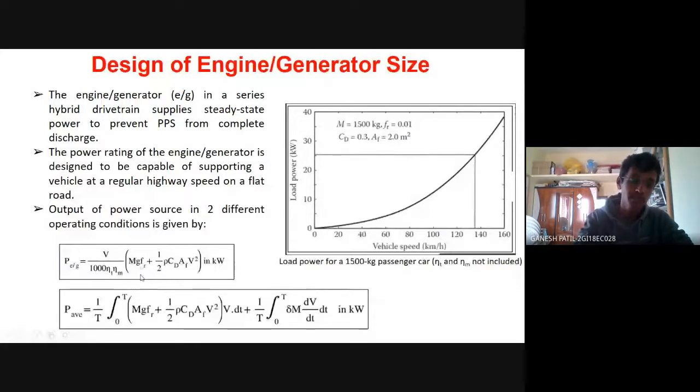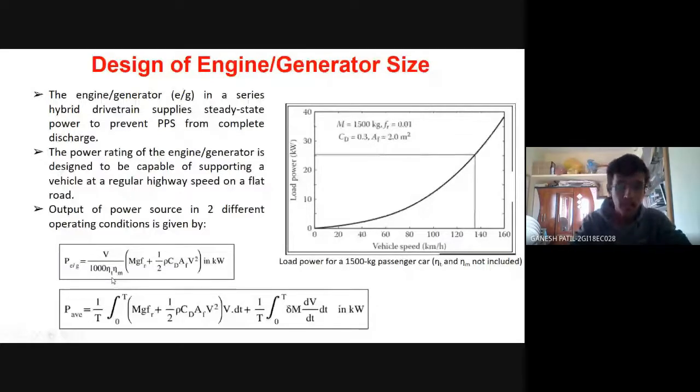So we have to overcome them, and this is multiplied with the velocity at which the vehicle will be traveling to get the power demanded by the vehicle. And ηT and ηM are the efficiency of the transmission and motor.